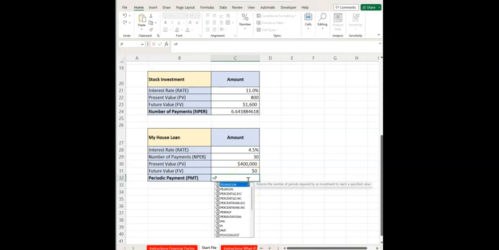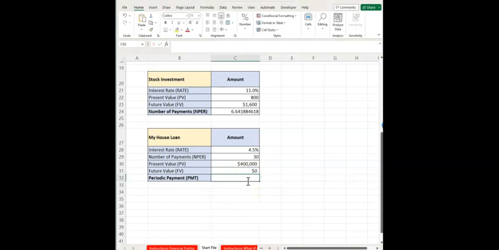So my payment is going to be equals to the interest rate divided by 12, since I want it monthly, the number of payments times 12, and the present value is going to be 400,000 and the future value is going to be equals to 0.